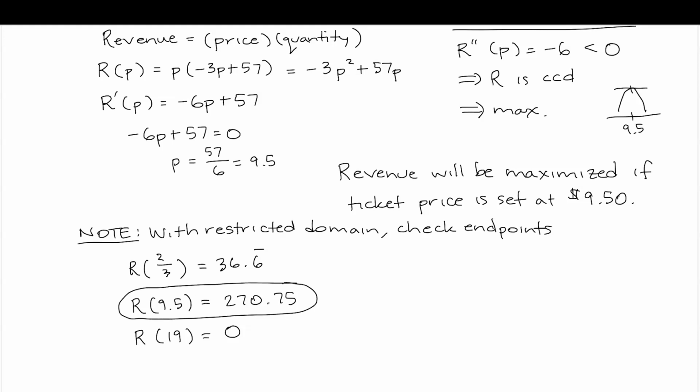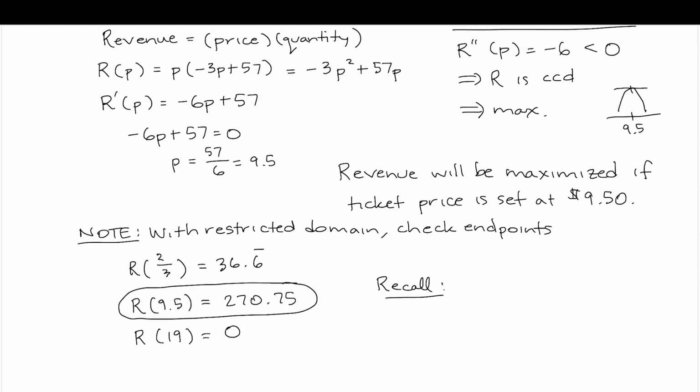So this is, and we knew it would be, the absolute max. But again, just keep in mind in general, if your situation has a restricted domain, then you should also check the quantity at the endpoints, in this case revenue or whatever you're trying to maximize or minimize, and make sure that it doesn't have a larger or smaller value at one of the endpoints than it does in between.